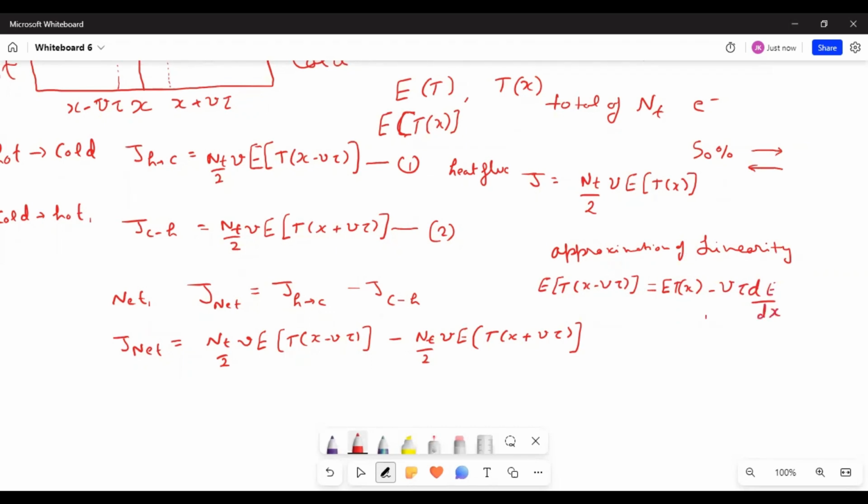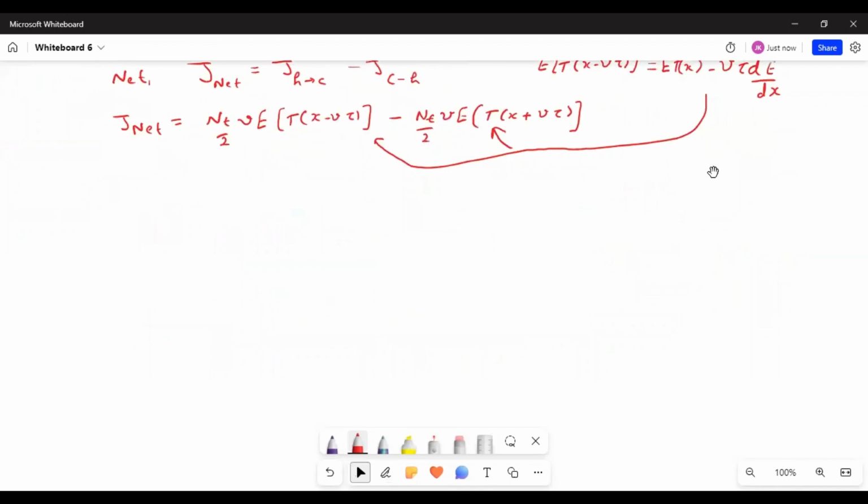Similarly, we can put this into both these expressions. So what will we get?